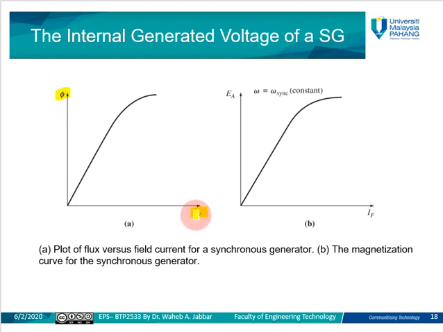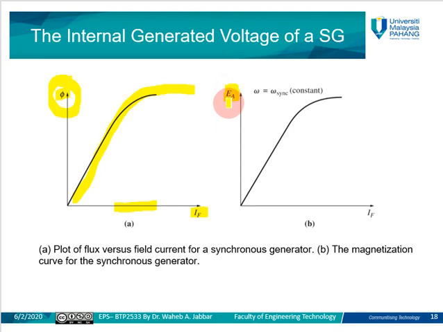As we increase the field current, which comes from the DC source applied to the rotor winding or the field winding, the magnetic flux produced by the field will also increase until it reaches the saturation point. This magnetic flux generated in the rotor winding will cut the air gap to go to the stator winding, the armature winding of the synchronous machine. So in the synchronous machine, it will induce an armature voltage here.